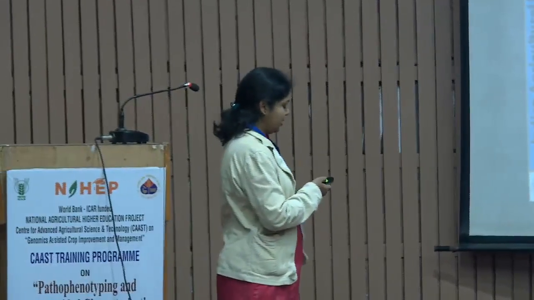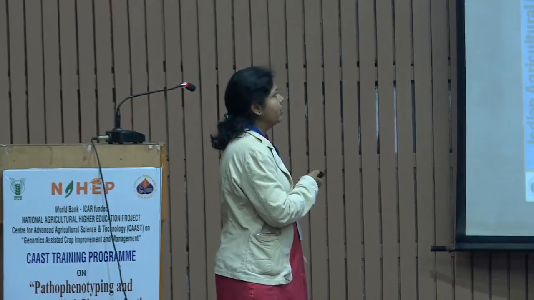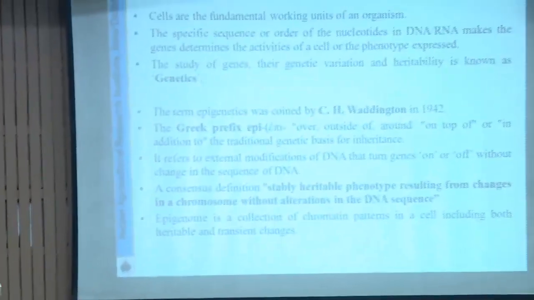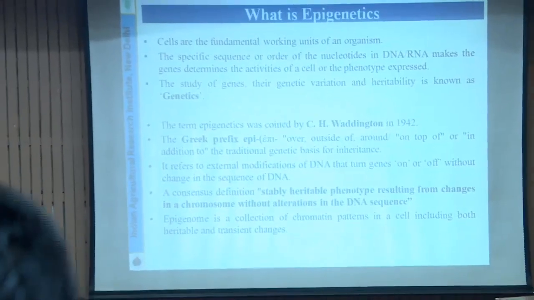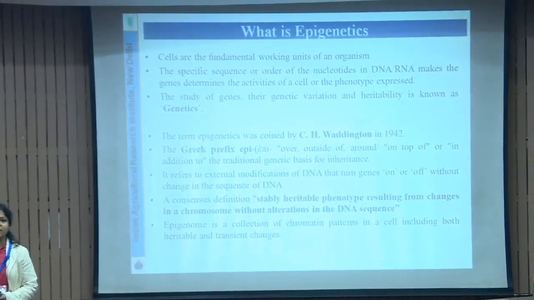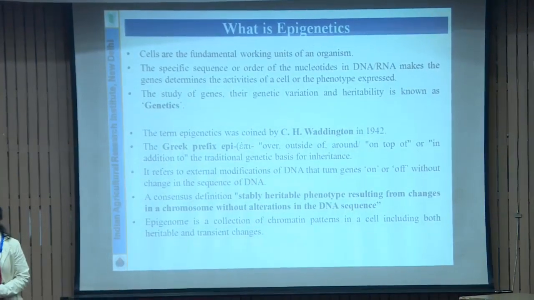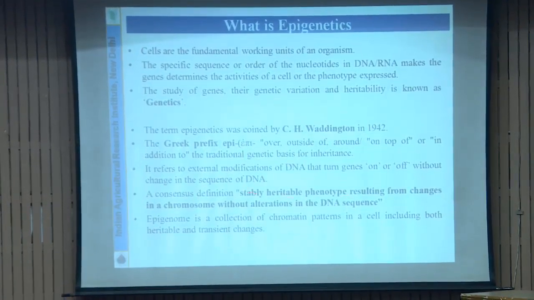So Waddington in 1942 coined a term for these phenotypic changes which were not due to a change in the sequence of DNA, but still were causing a change in the phenotype. Such changes were named epigenetics by Waddington in 1942.